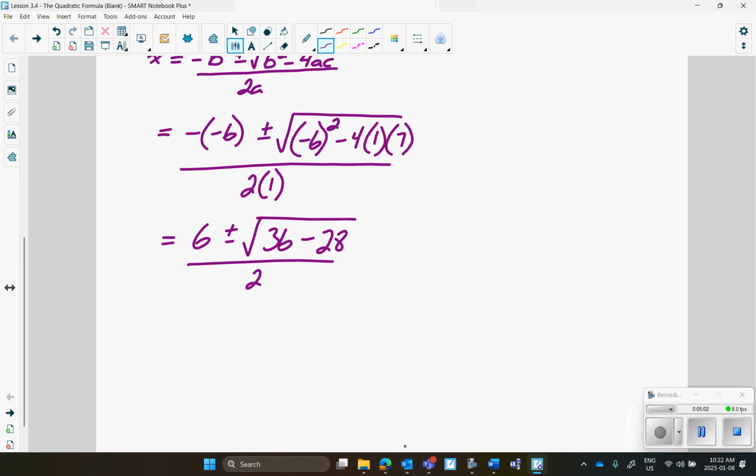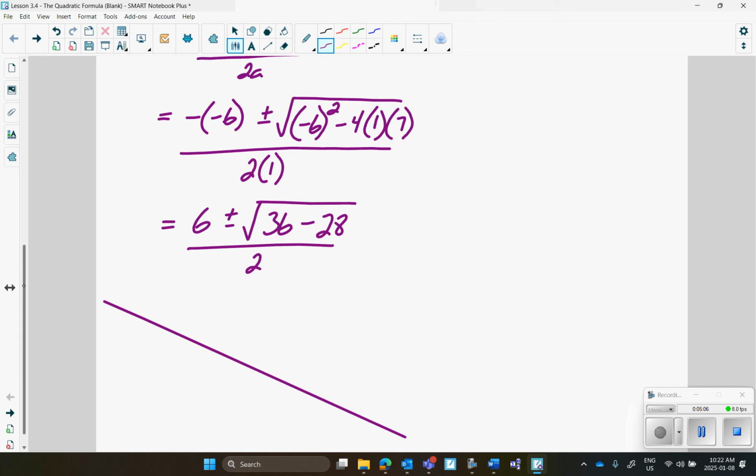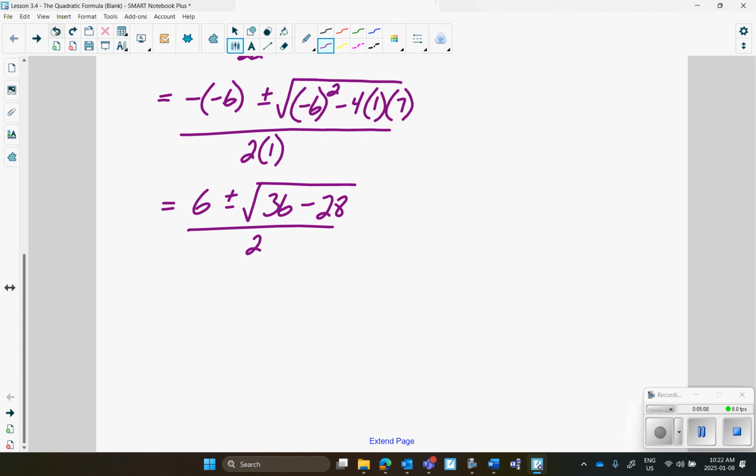I can keep going because I can simplify inside the square root. So I get 6 plus or minus the square root of 8, divided by 2.